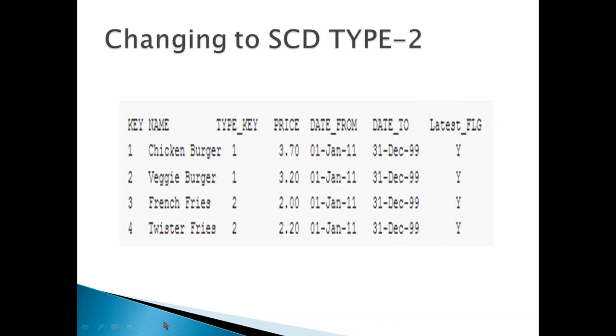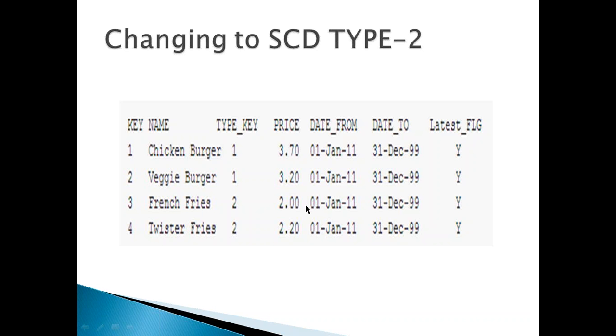Okay. Now everything is fine as you said. Now we have a scenario wherein I need to update my French fries price. So depending upon the dates here, let's understand 1st January 11 to 31st December 99. Okay, so it might be 2011 or 2019, whatever it might be. Now what happened is I am in the month of November 99, and I want to change my French fries price to 3.